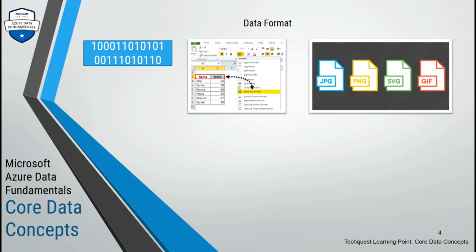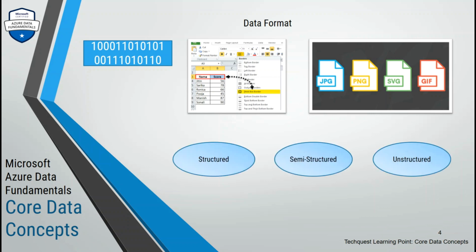I hope you have got an idea of data format. On the basis of data format, data can be classified into three types: structured data, semi-structured data, and unstructured data.